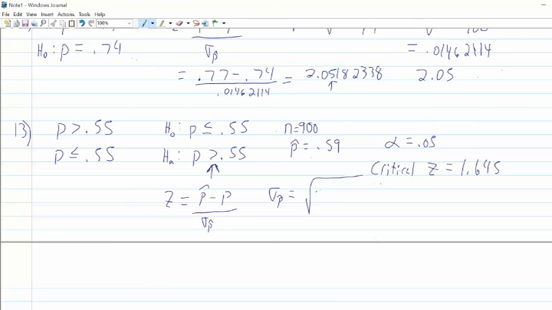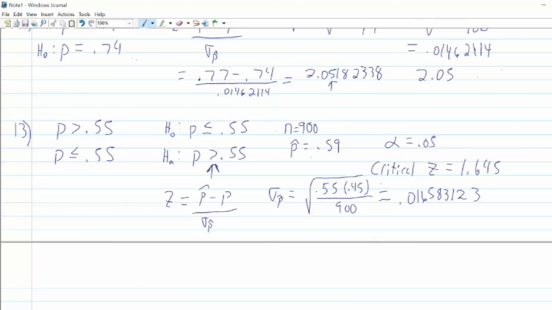So our p in our original claim is 0.55. 1 minus p would be 0.45. And then divided by n, the 900 voters. Okay. Punch that in your calculator, you should get 0.016583123. I'll stop right there.